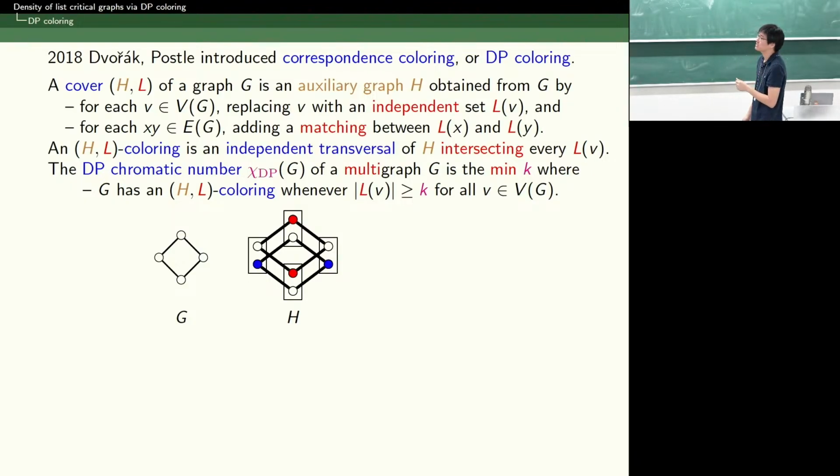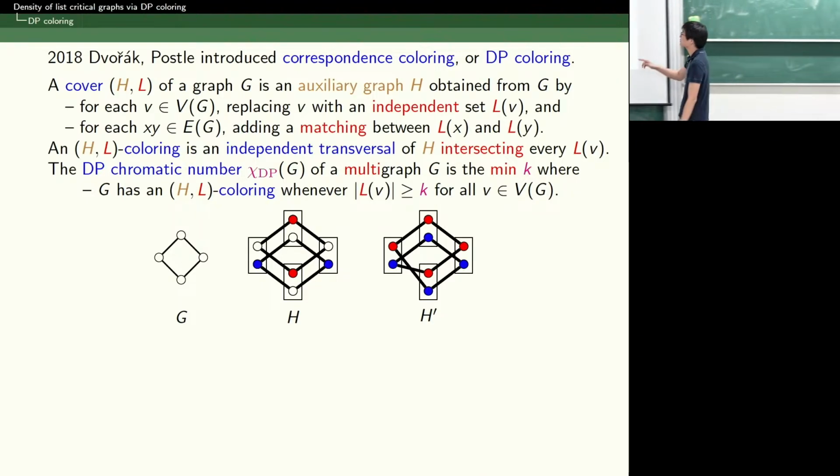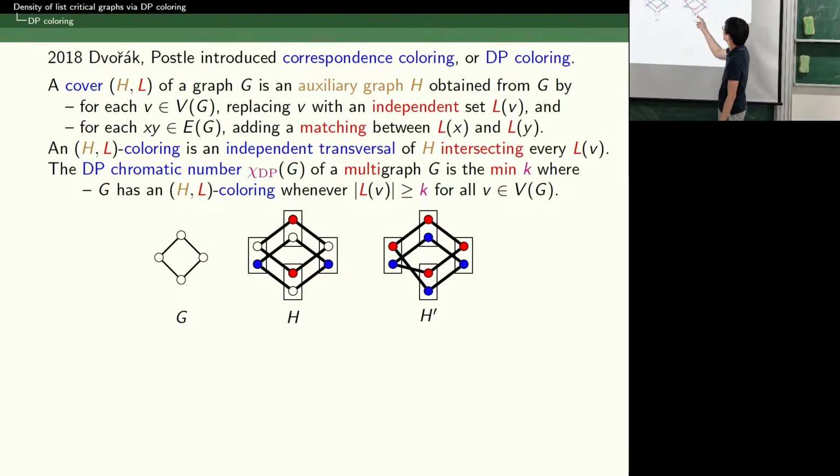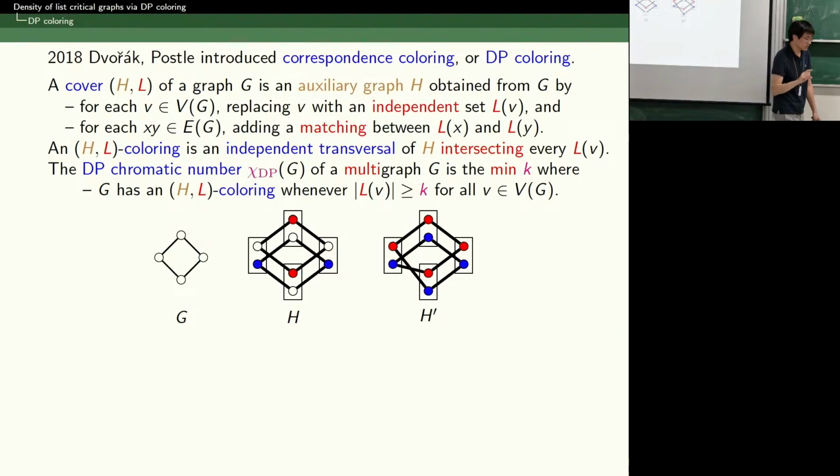But the twist for correspondence coloring is I can put any matching between the lists of available colors. So here, instead of putting red and blue, I can twist the matching between these two color blocks. So here, these three matchings are natural, but the last one has a twist in it.